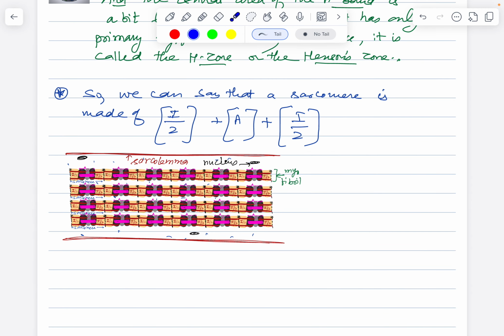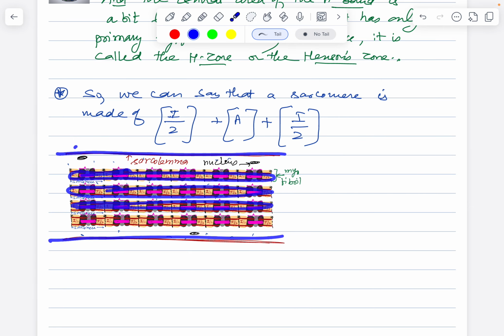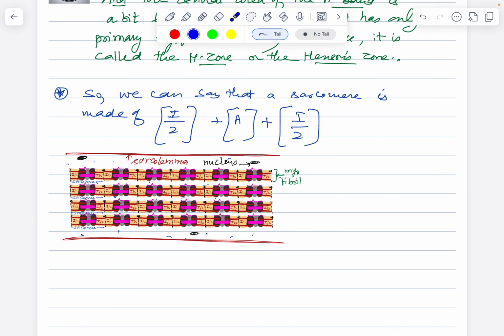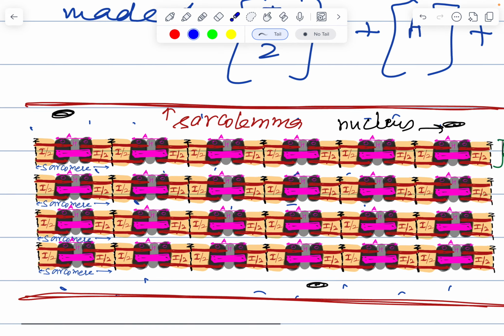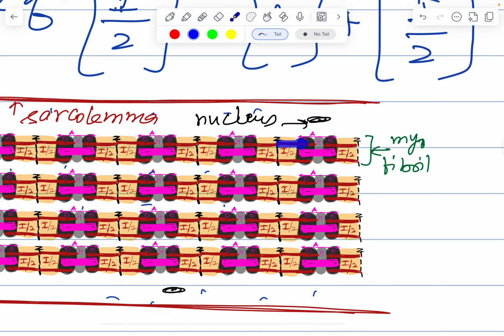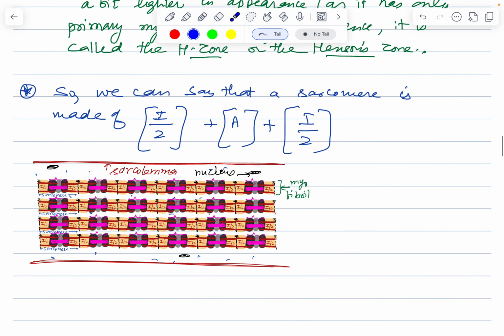So now if we recall right from the beginning, a muscle fiber contains units called myofibrils. The myofibrils themselves are made up of what? Myofilaments. Thin myofilaments, thick myofilaments, which are responsible for the alternate dark and light arrangement.